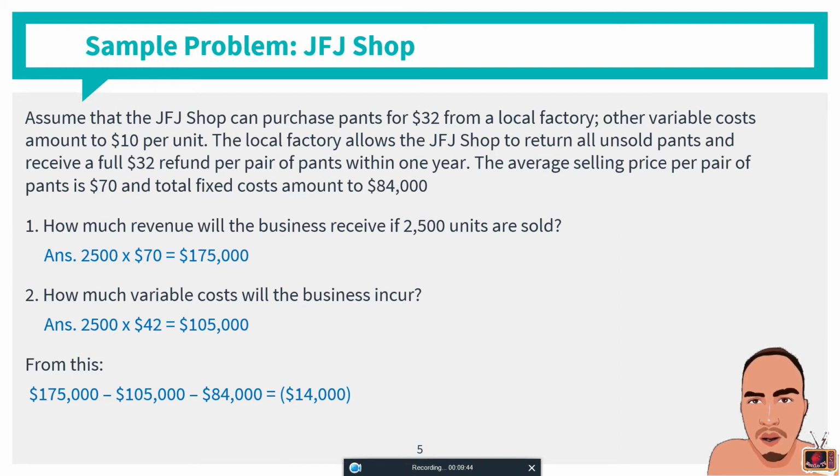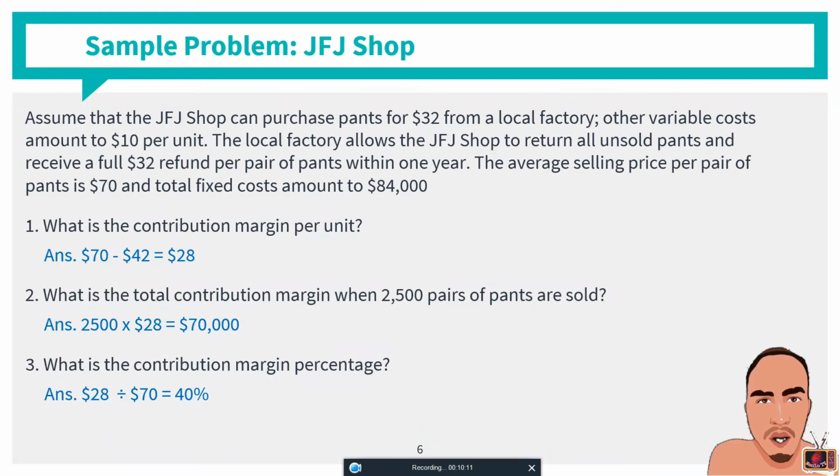So from this point of view, if you are the business owner, you would see that you did not earn a profit with this kind of setup. So if you are only going to sell 2,500 units, you are not making any profit with this business.